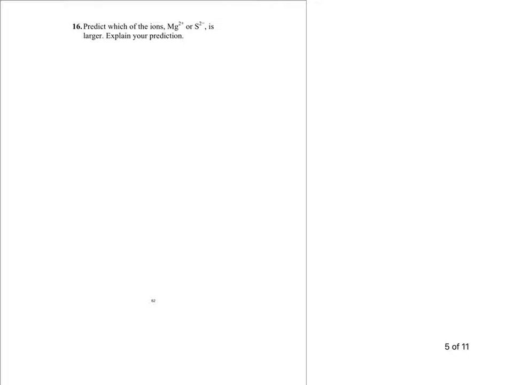16. We want to decide whether magnesium or sulfide ion is larger, and it will be the sulfide ion. And we're supposed to explain.